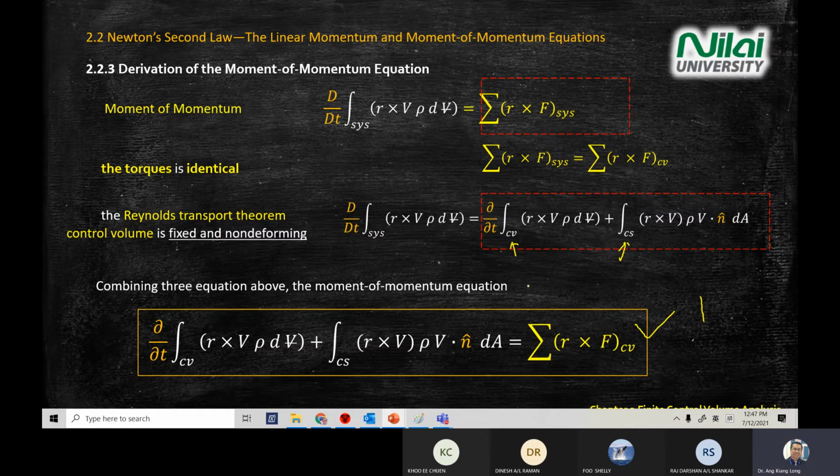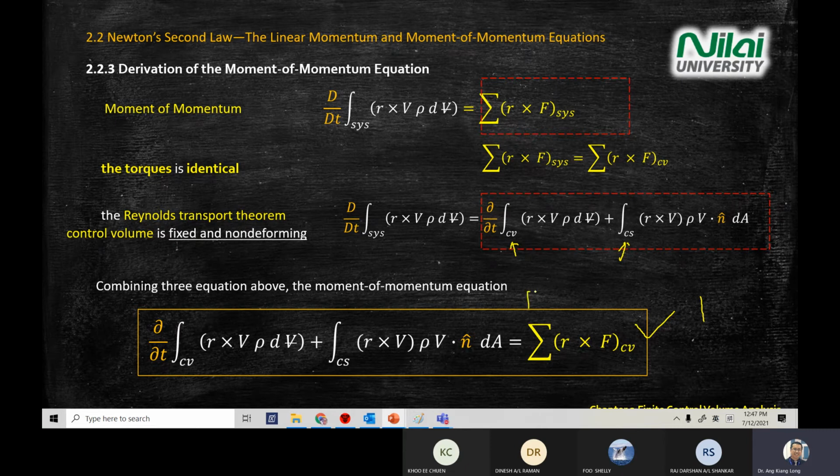Okay, so this is useful when it comes to your test or final exam, when you need to analyze the control volume using the momentum equation or moment of momentum (MOM) equation, because this will lead you straight away to the final answer. You look straight away at the control volume and control surfaces, equal to the force and the arm in the control volume.